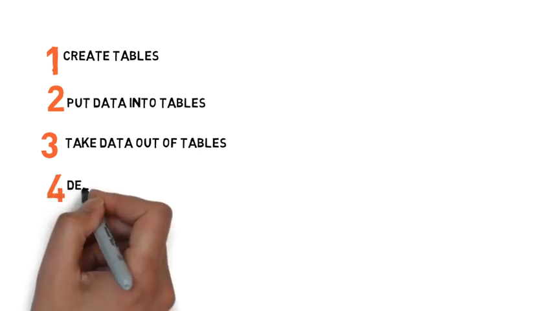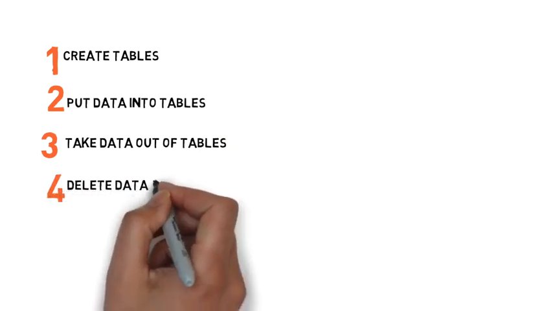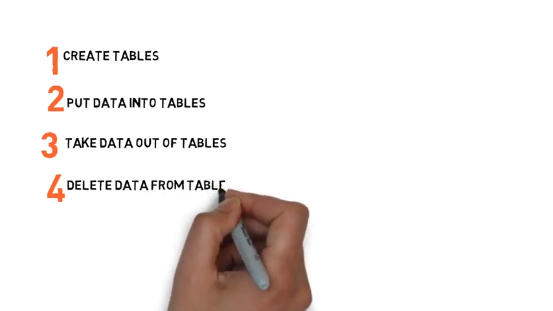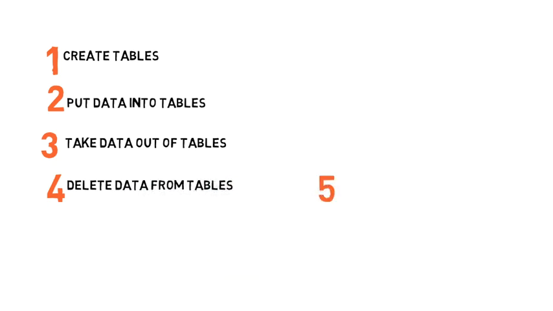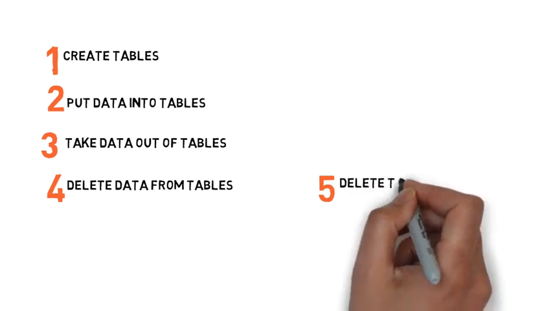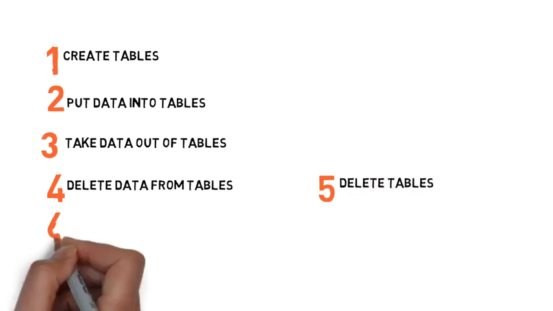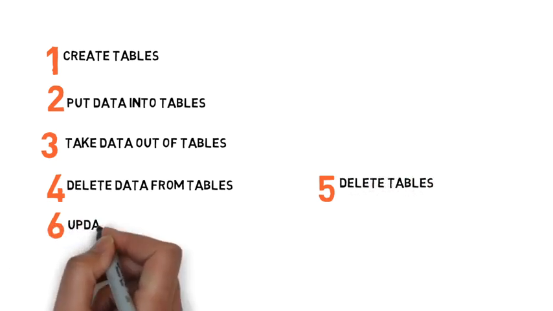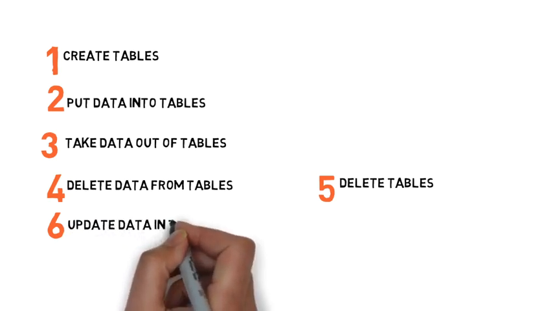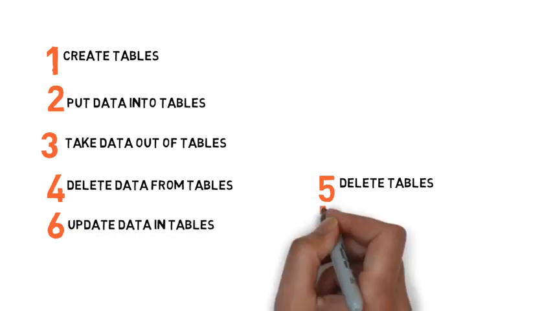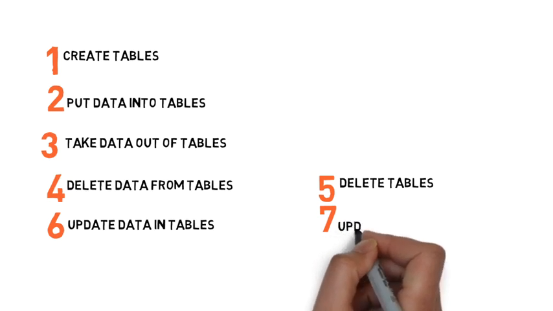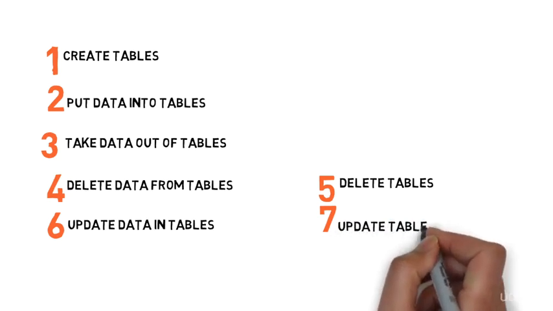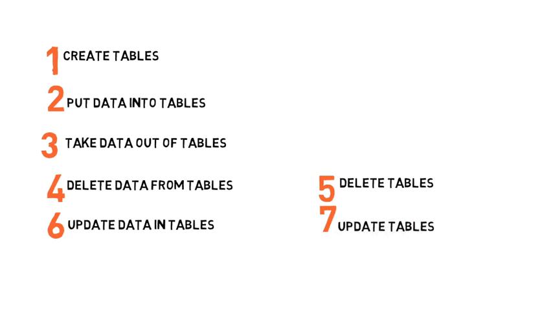Now, if we no longer have use for some data, we can delete data from tables. In fact, it could so happen that we no longer need a table itself, so we can delete tables. We can change the data in a table, that is, update data in tables, or update the table itself. The structure of the table itself can change.